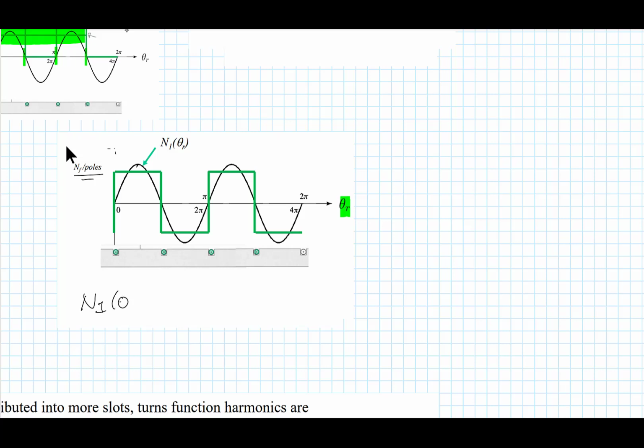N1 as a function of theta r equals 4 over pi times NF divided by the number of poles. So this is essentially your N1 peak times the sine of the pole pairs, poles over 2, times theta r.